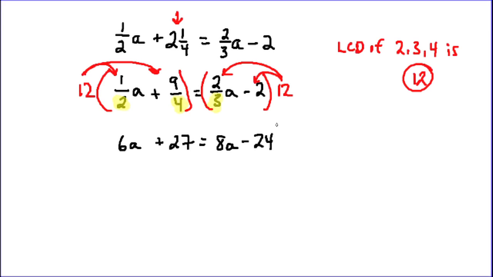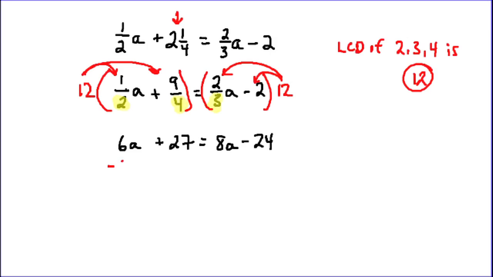So effectively I've eliminated my fractions entirely from the equation. Because I've multiplied the left by 12 and the right by 12, I still have the same equation and both sides are equal. Now I'm just going to solve this like any other equation.